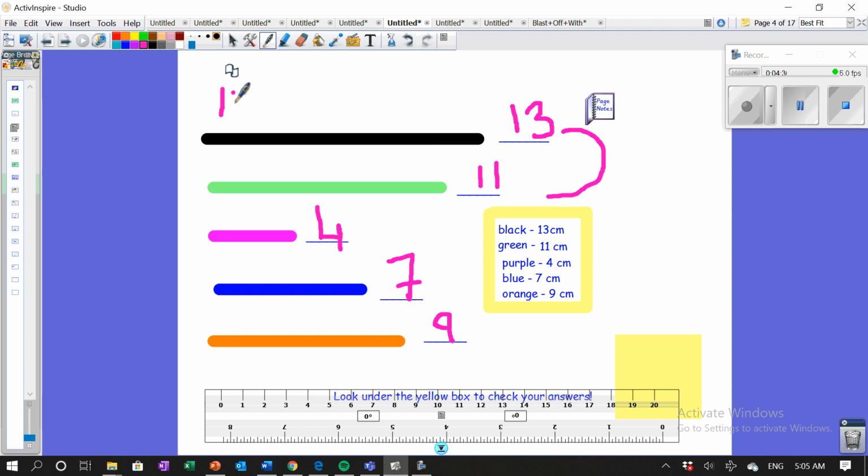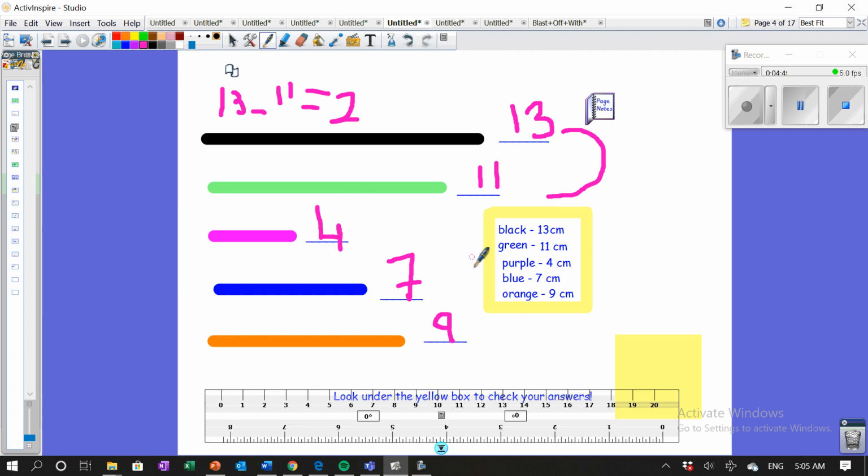You say 13 minus 11, it will be 2 centimeters. So the green line is shorter than the black line by 2 centimeters.